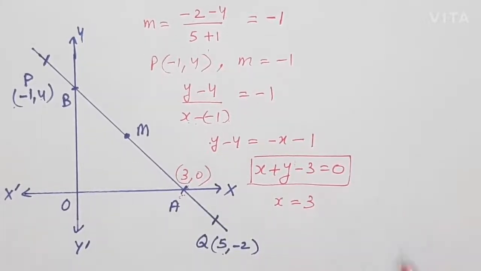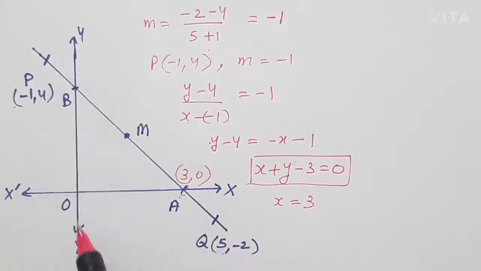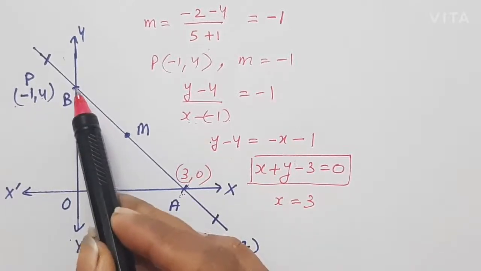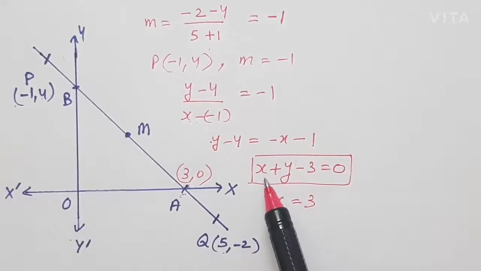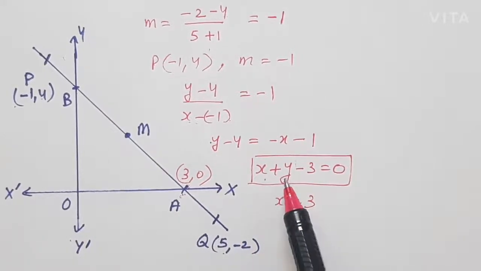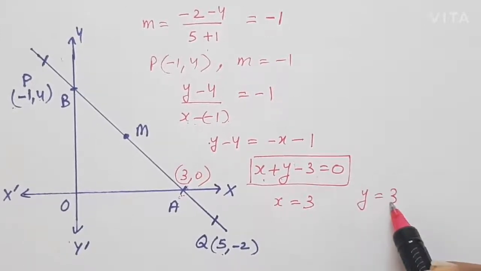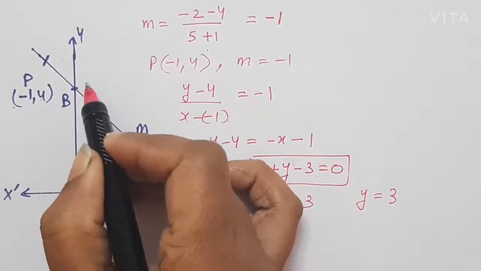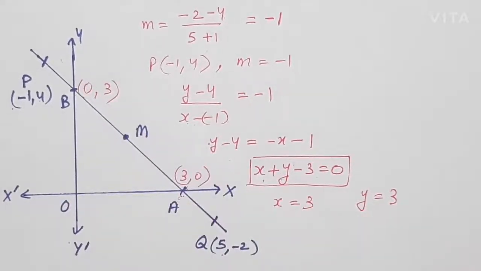Clear? Similarly, the point B is lying on the y-axis. That means here x is 0. So let us put x equal to 0 in the same equation. We will get y equal to 3. So therefore, the coordinates of B are (0, 3). I hope it is clear to everyone.